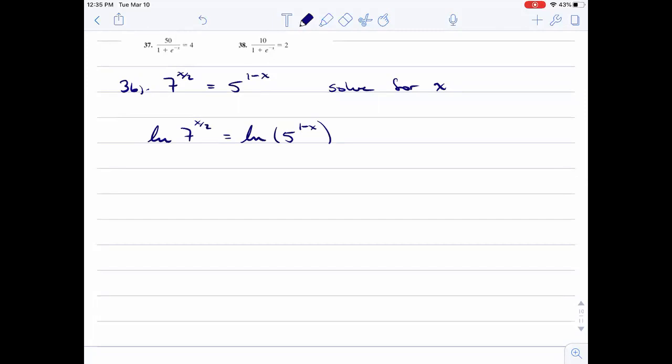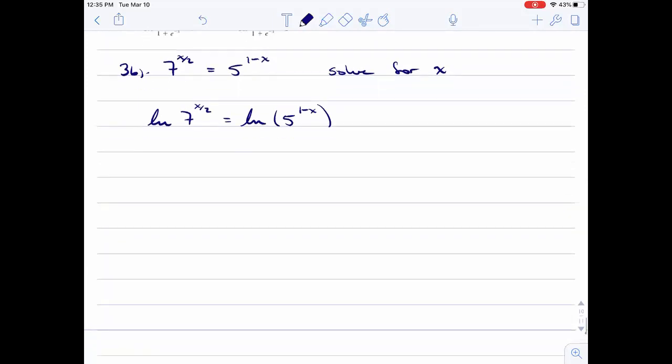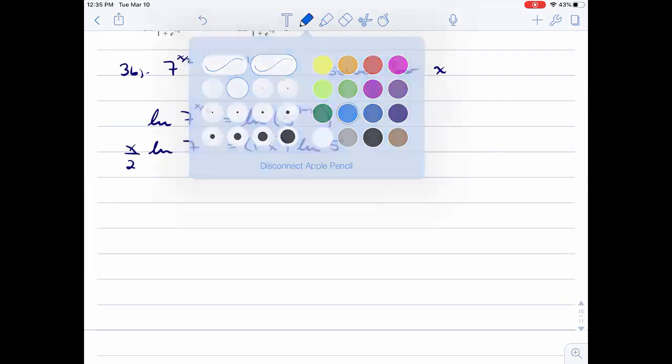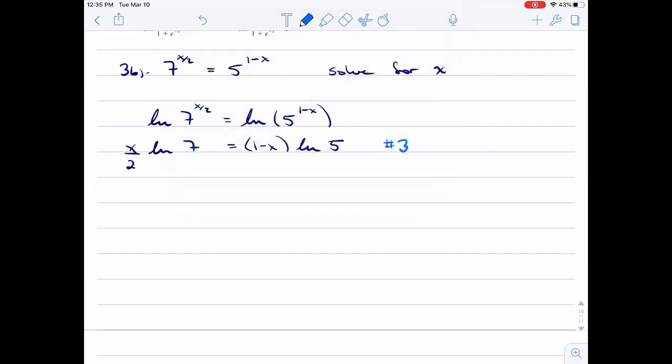But now I can use the log laws to rewrite this as x over 2 times the natural log of 7 is 1 minus x times the natural log of 5. Just to remind ourselves, this is by rule number 3. We said that was going to be a heavy hitter, right? If we're solving for things in the power, then we take logs, and that's why we need them so bad.